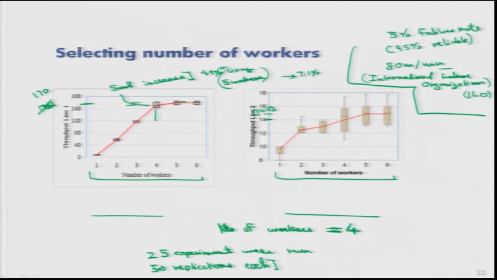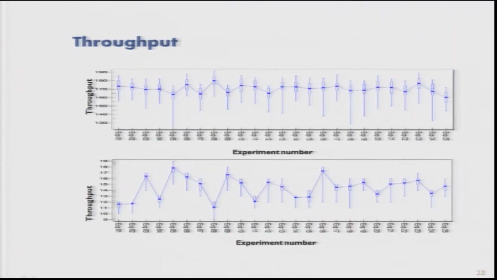So, line 1 throughput, this is the throughput of line 1, and line 2 throughput. The line 1 throughput exhibited little variability; you can see the variability is less in comparison to line 2. Line 2 had large variability, and the reason for this can be attributed to this smaller value.